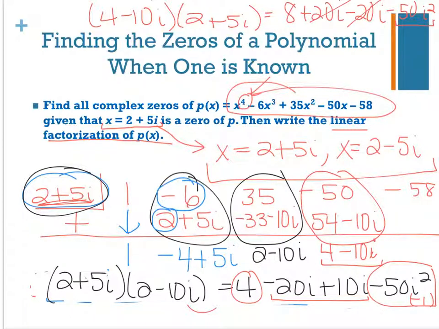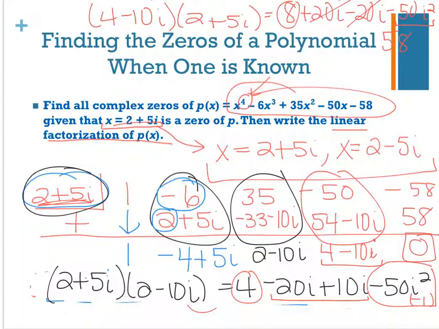Negative 50 times negative 1, because i squared is negative 1, should give me positive 50. So when I combine positive 50 with the 8 from the front, I get a positive 58. And what do you know? I get a remainder of 0, which I should get because 2 plus 5i is a zero of the polynomial.